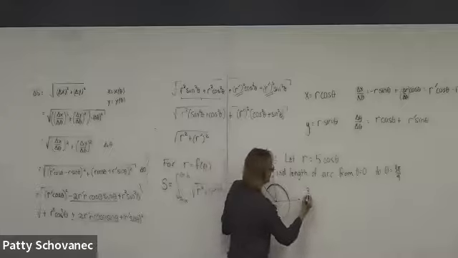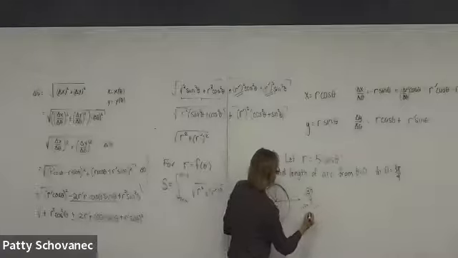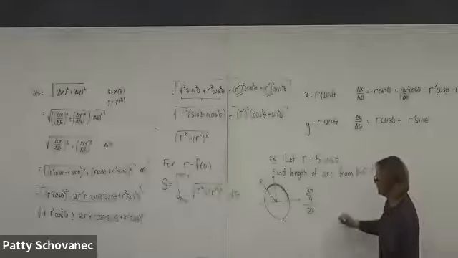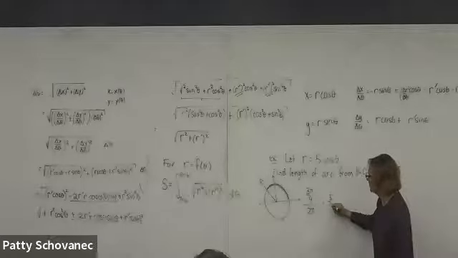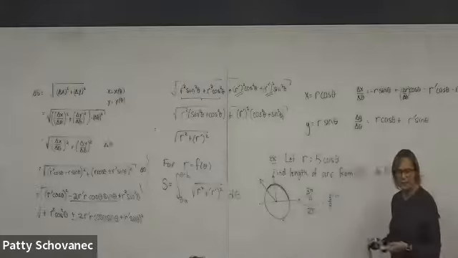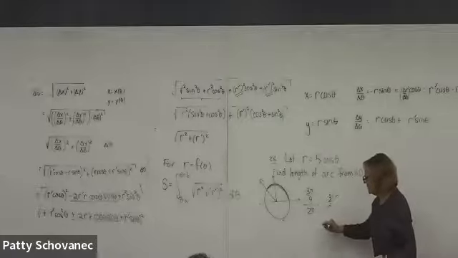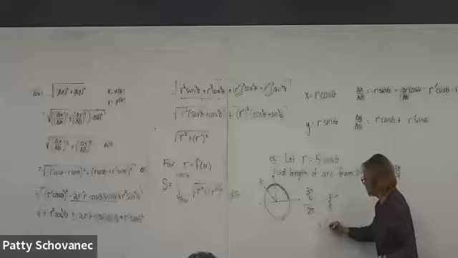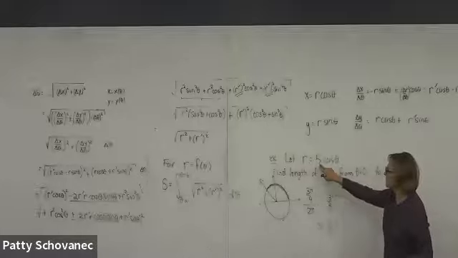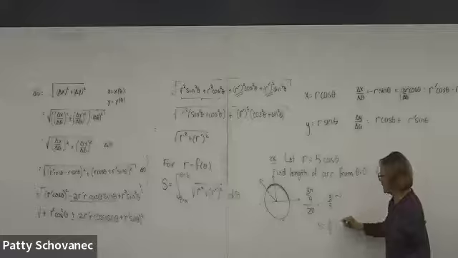Well, we take 3 pi over 4 divided by the whole circle, so the pi's will cancel, and that's 3/8 of the whole circle. So this should be 3/8 of the entire circumference. So that arc length is 3/8 of, what did we say the circumference was, 5 pi?